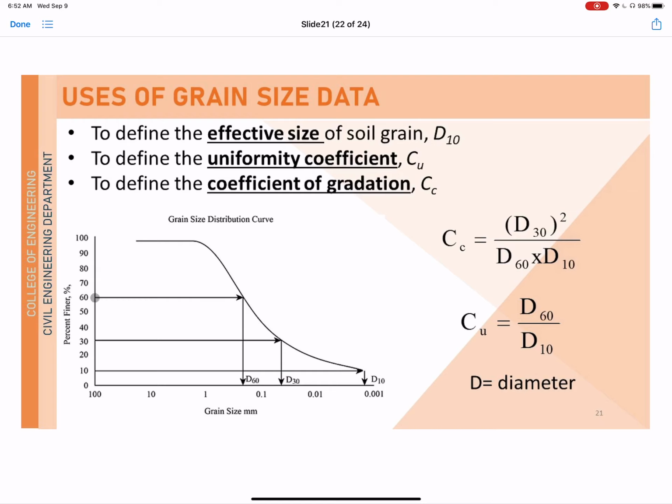Similarly, for 60% finer, you draw a horizontal line to your GSD curve, and from the intersection extend it downward, and whatever the diameter at that point is your D sub 60. So with these diameter values you can get your C sub C and C sub U. Again, the purpose of those is for classifying the soil later on.